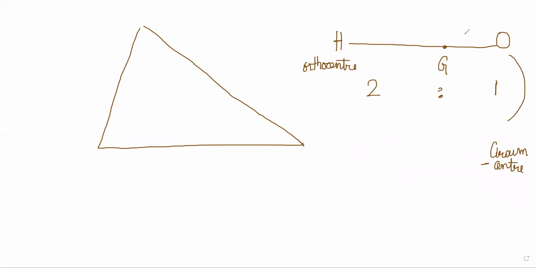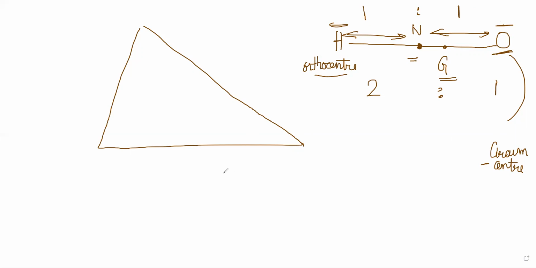Now we have another new thing, that this distance is divided at its midpoint, called the 9-point center. So we have 1:1 here. NH should be equal to ON. So there are four points on the same line: orthocenter, 9-point center, centroid, and circumcenter.